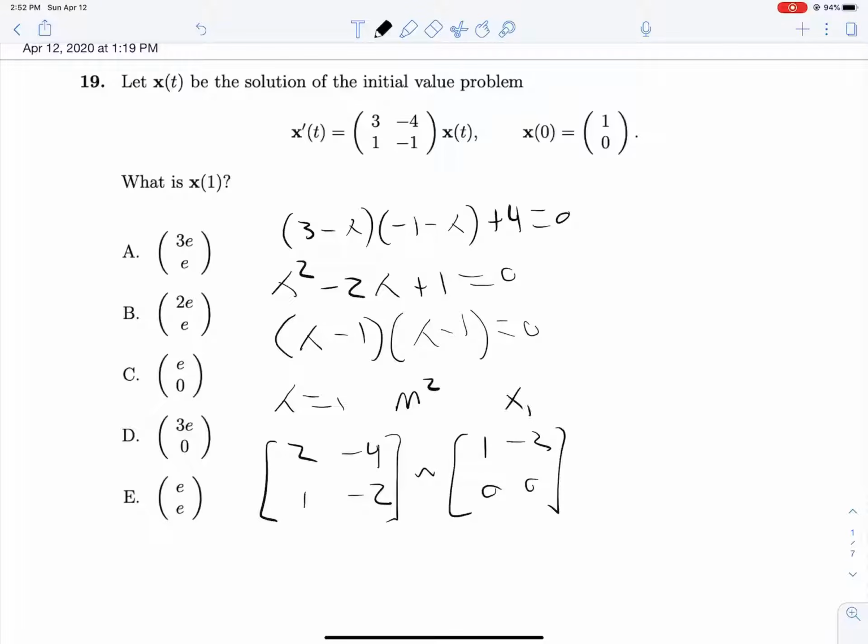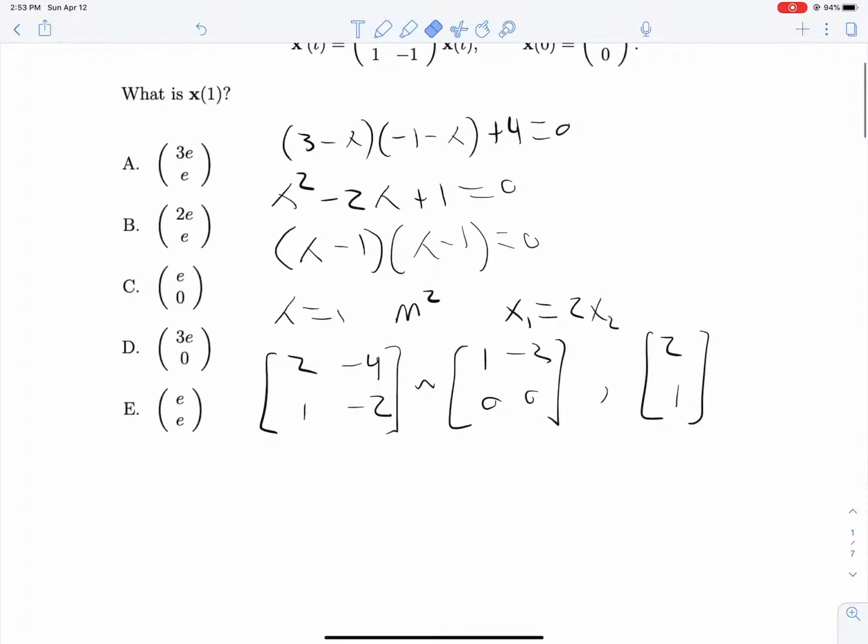This says x1 is equal to, if we move the negative 2 over to our right-hand side, 2 x2. So we can get an eigenvector of (2, 1), a vector where x2 is equal to 1 of itself, and x1 is 2 of it. Okay, either way, we have our eigenvector now.